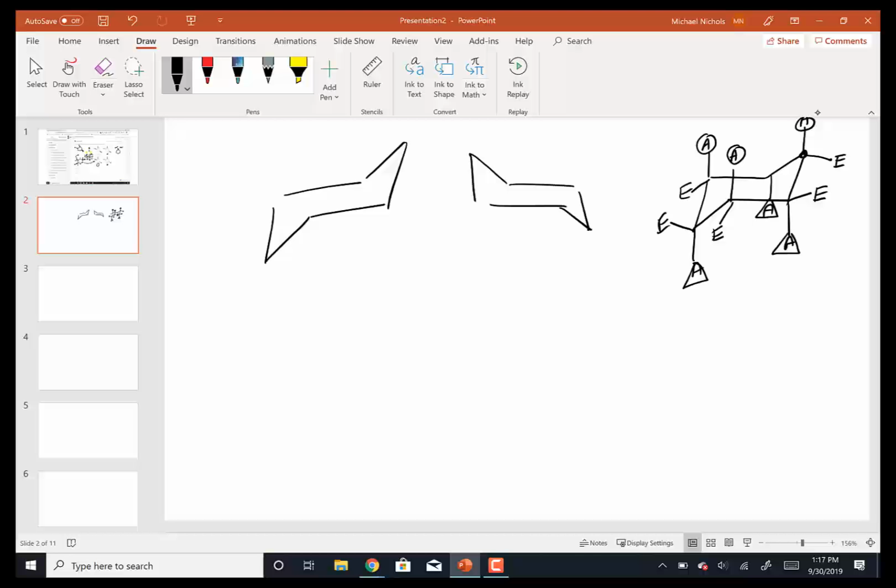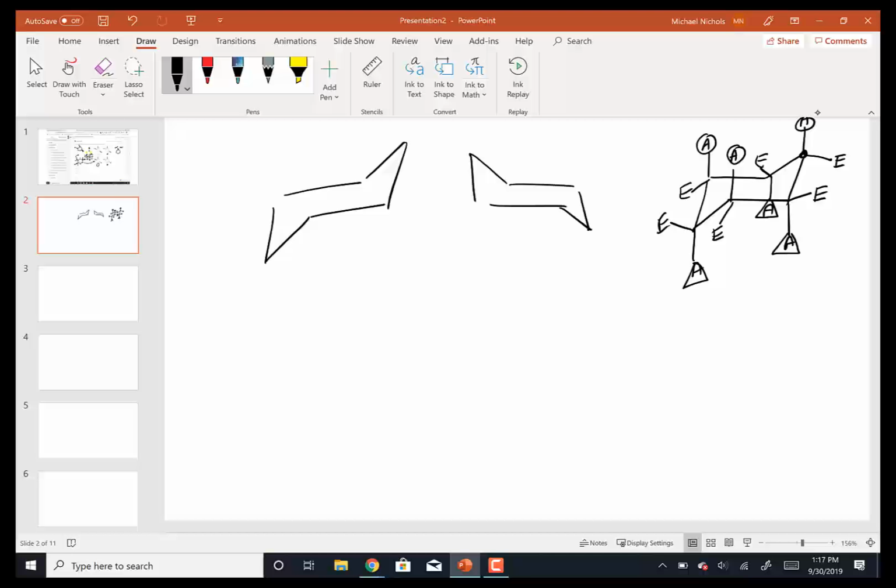And it'll take some practice to do this, but there's my equatorial positions. And now we just have to go through and label whether those equatorial positions are above the plane of the ring or below the plane of the ring. Okay. Realizing that each carbon has to have one above and one below.